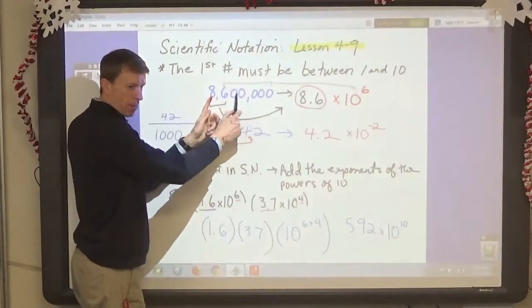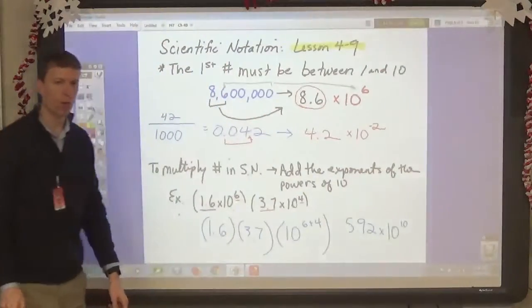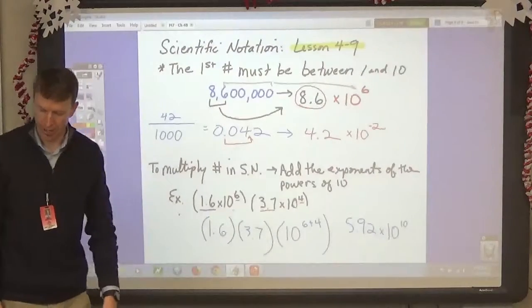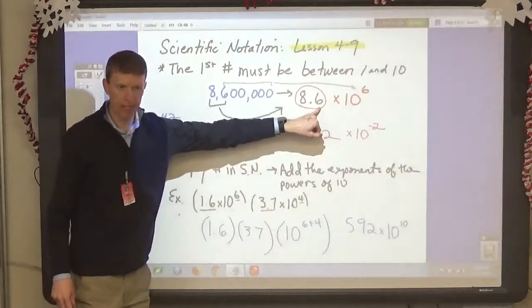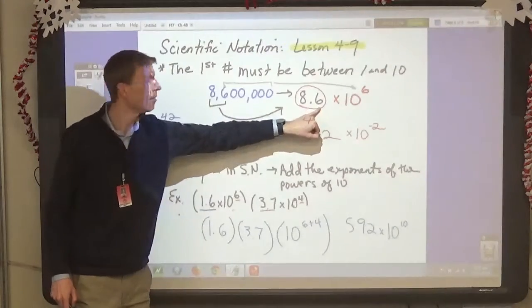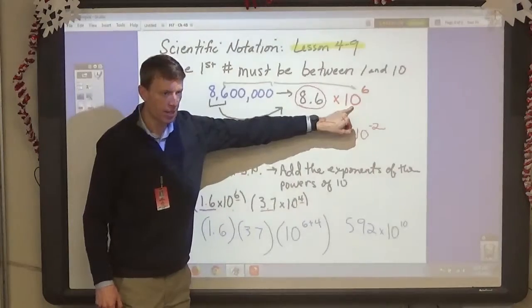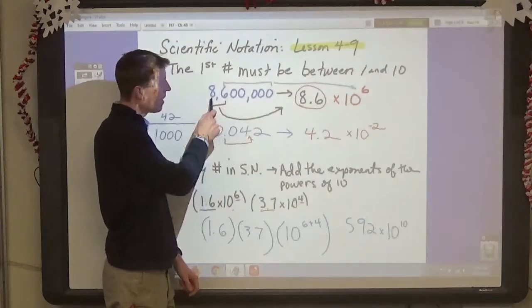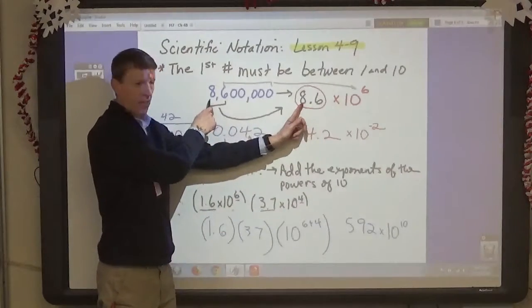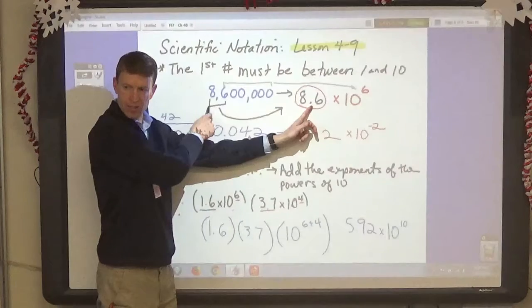That number 6 tells you what the exponent will be, or what power of 10 you will write. So we write 8.6 because that's between 1 and 10. And then you write times 10. And then figure out the exponent by counting the number of digits behind the 8, or behind where you place the decimal point. Okay?